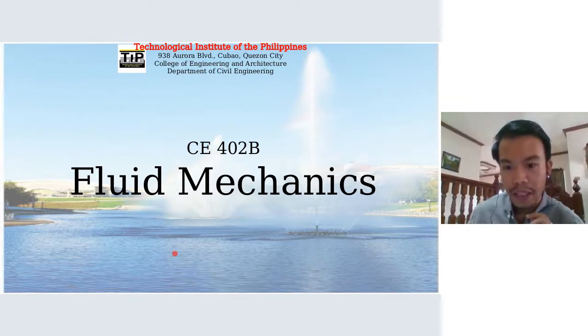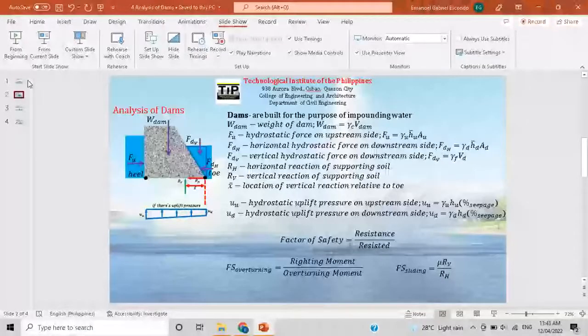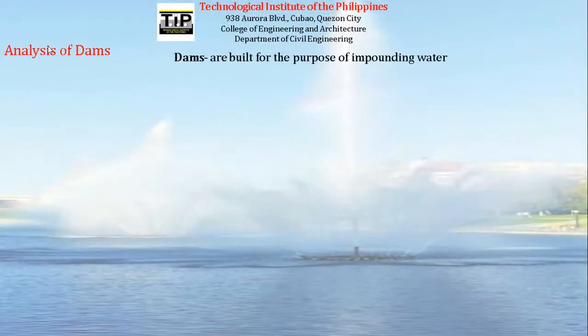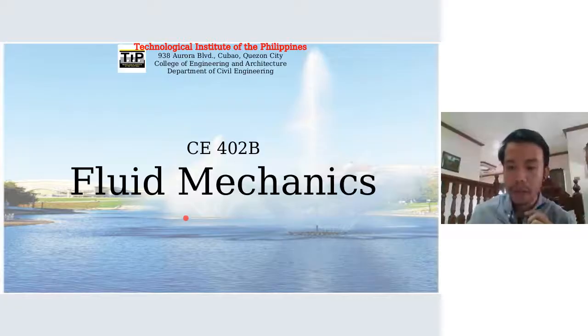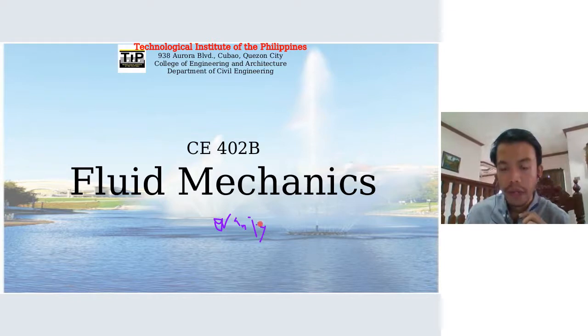Let us now discuss analysis of dams. So we'll just discuss the basics. So analysis of dams, just to give you a background, they are built for the purpose of impounding water. So we have different types of dams. The most common type of dam is the gravity dam. Okay?